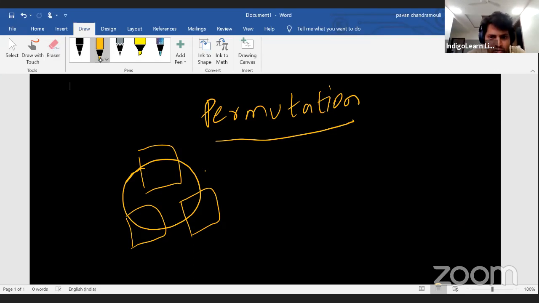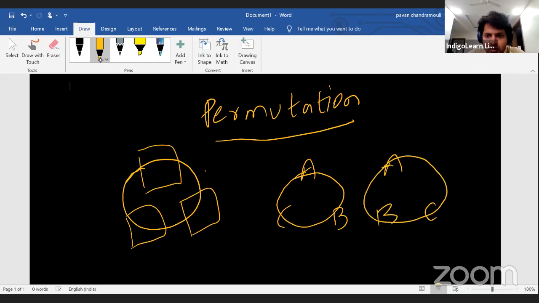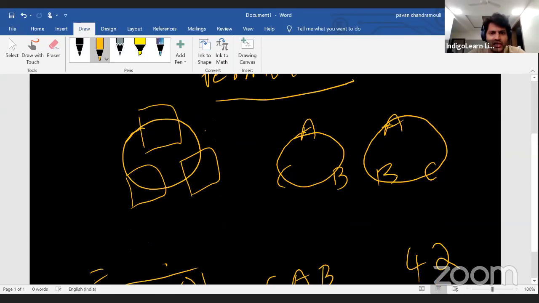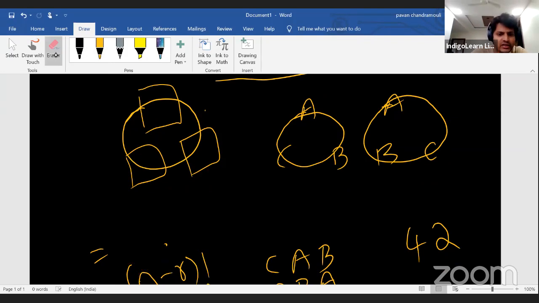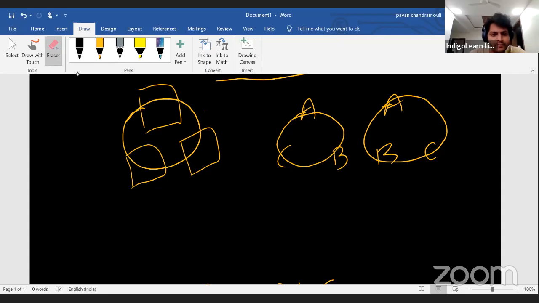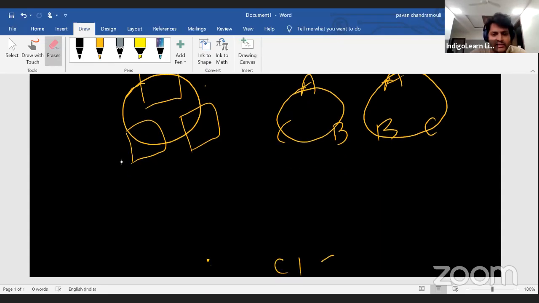So let me just write down a few things here. A, B, C. Let's say one circle. A, C, B. Another circle. So these are the 2 things that I have written. Keeping A as the first one, B, C and C, B, I have interchanged their positions. Now if I am using a linear permutation, or permutation in a straight line, you would have observed that I would have used ABC, ACB, BCA, BAC, CAB, and CBA separately.